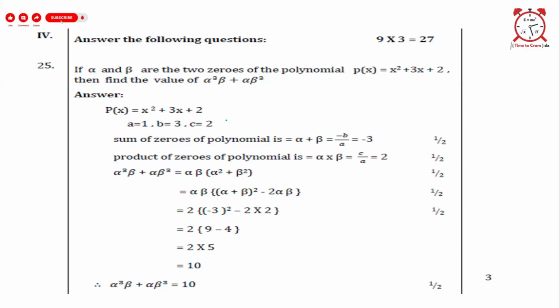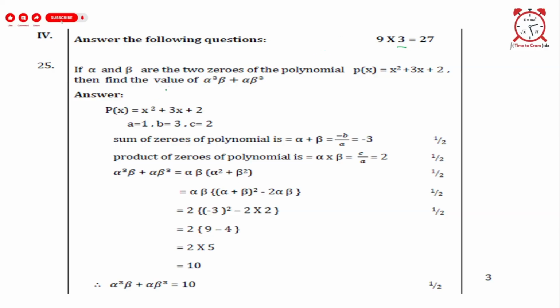In the previous part, we have solved up to question number 24. Question number 3, each of 2 marks, we have completed. Here is question number 4, each of 3 marks.